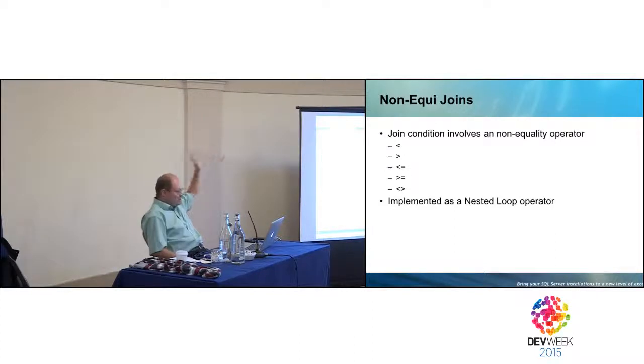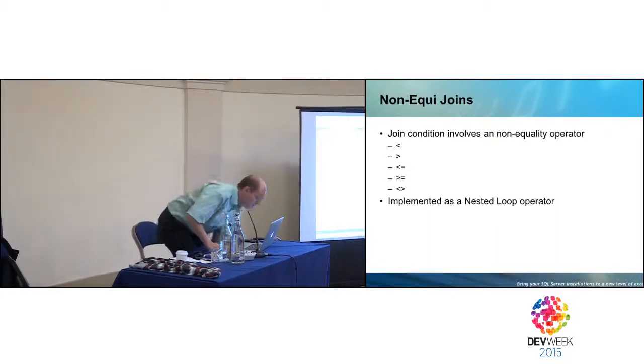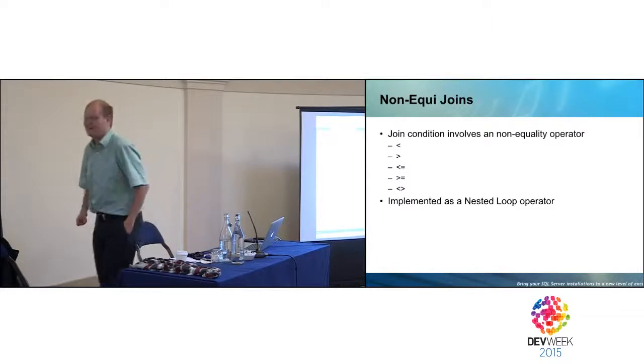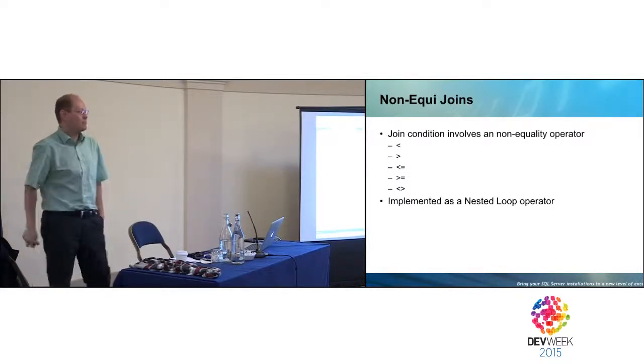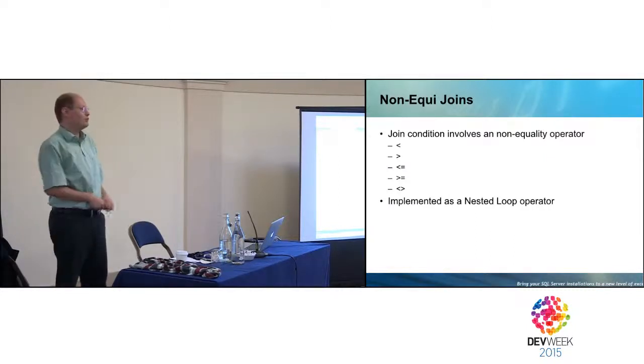Any idea what that thing is doing? Column 1 of table 1 smaller than column 1 of table 2. When you have such crazy things and you don't understand them, look at the logical phases. In the first step, we make our cross join, and in the next step, we make the filter.